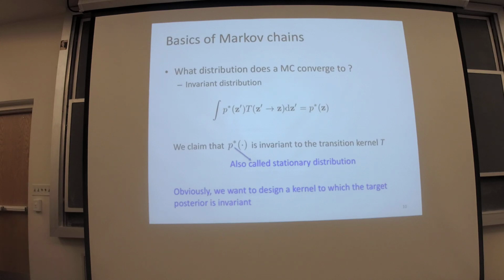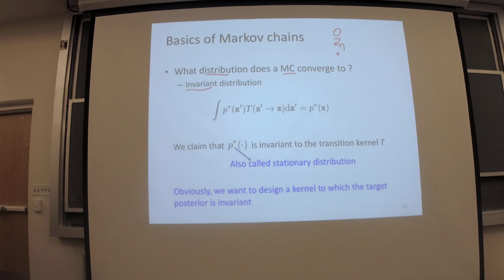Now, in general, what distribution does a Markov chain converge to? Such a distribution is called an invariant distribution. Basically, once my Markov chain converges, my current random variable follows some distribution.